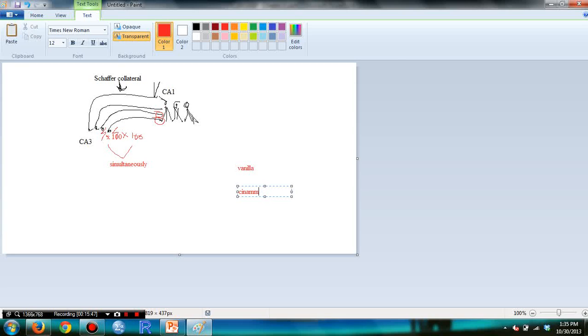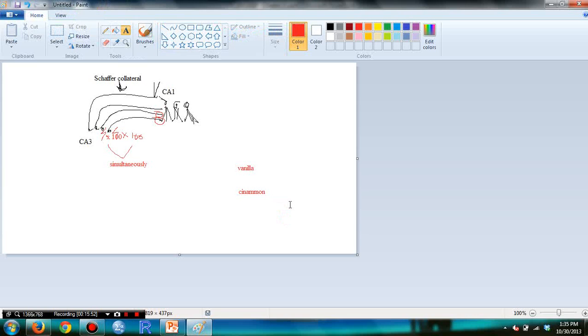Because cinnamon and vanilla have been paired multiple times and have been driving the idea of ice cream, suddenly one of these can actually trigger the idea of ice cream. Okay?